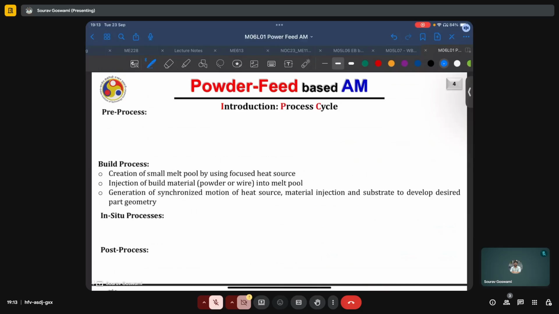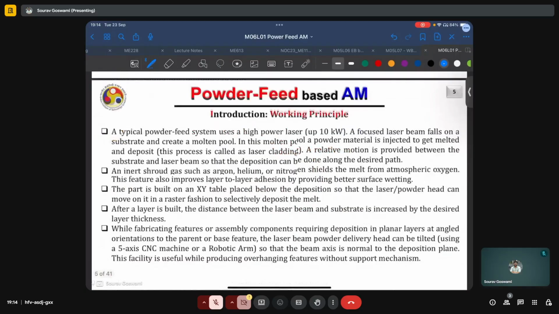The build process typically involves the steps of creation of a small melt pool by the use of a highly focused heat source, the injection of build material, either in the form of powder or wire, into this melt pool, and the generation of synchronized motion of heat source, material injection, and substrate to develop the desired part geometry.